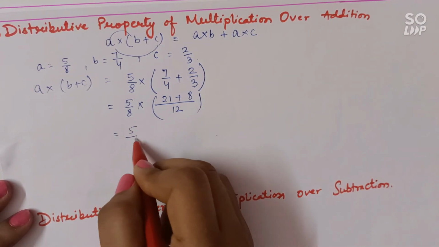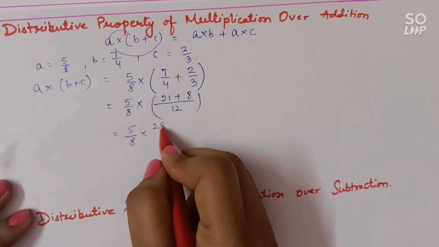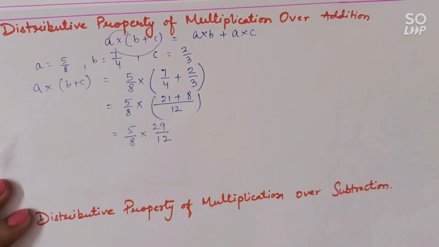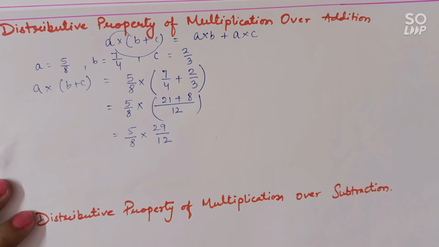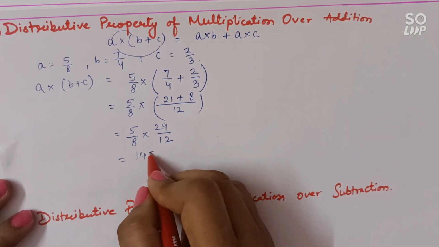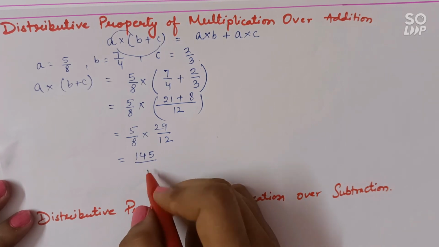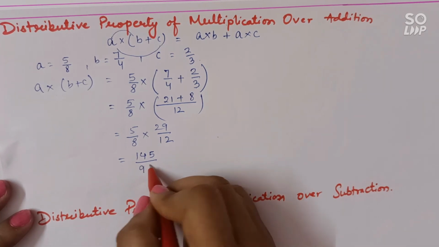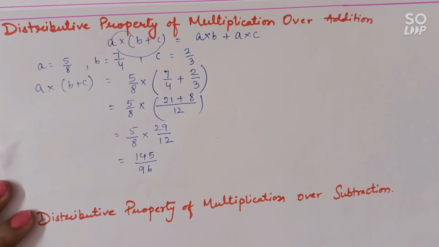Now we are having 5 by 8 into 29 by 12. We cannot cancel anything. So what is our final answer? Our final answer is 145 by 96. 12 8s are 96. So here 145 by 96 is our answer.